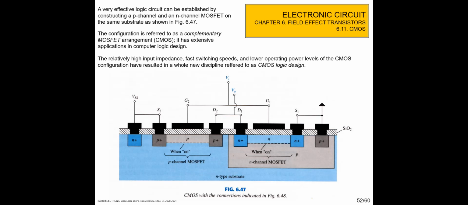If we use the CMOS, CMOS is complementary metal oxide semiconductor. CMOS consists of two MOSFETs, the P-channel MOSFET and N-channel MOSFET, in a similar circuit. So we have here the P-channel MOSFET, and this is the N-channel MOSFET.